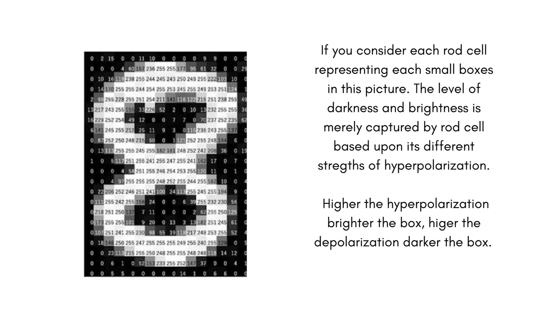If you consider each rod cell representing each small box in this picture, the level of darkness and brightness is merely captured by a rod cell based upon its different strengths of hyperpolarization. The higher the hyperpolarization, the brighter the box. The higher the depolarization, the darker the box.